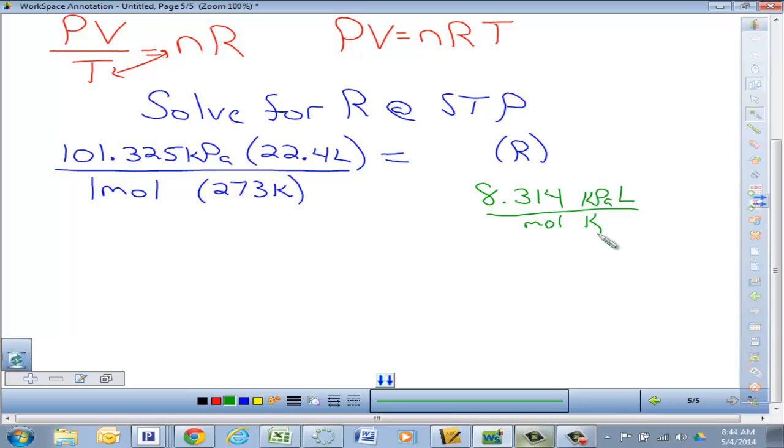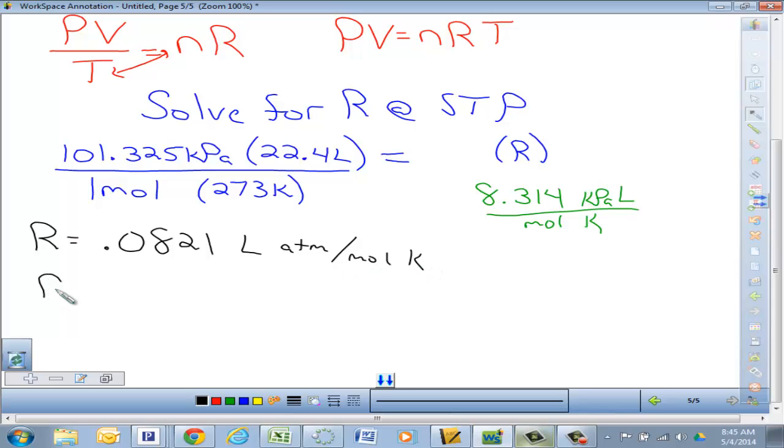Now, the key thing to this is going to be your pressure, because as you read chapter 14, you're going to find out that there are different values for R. For example, R can also be equal to 0.0821. Units on that one: liters, atmospheres per mole Kelvin.